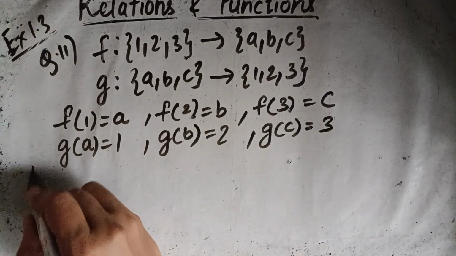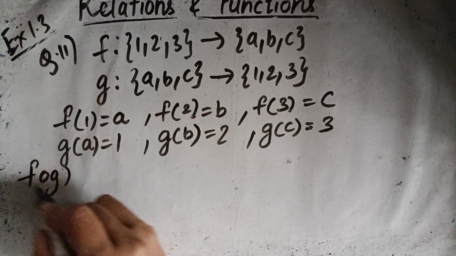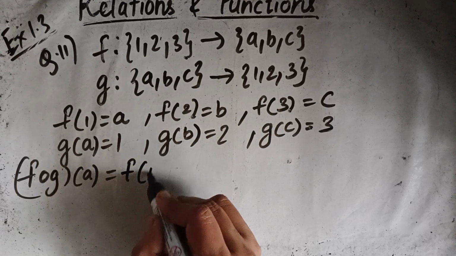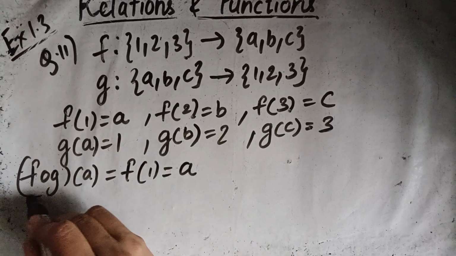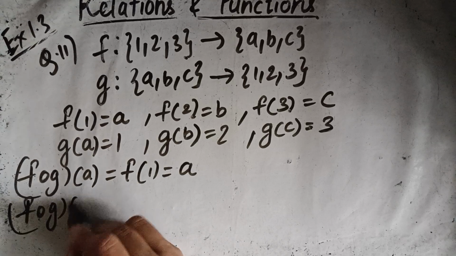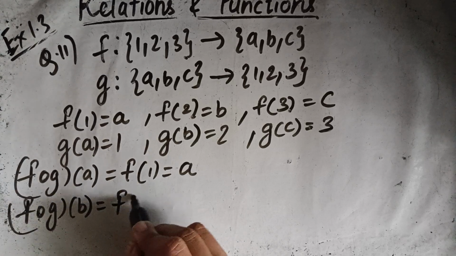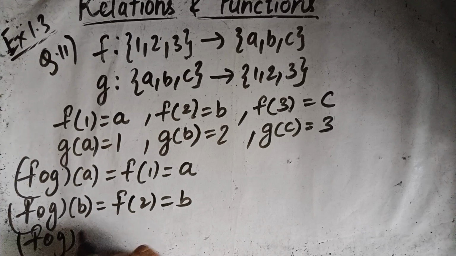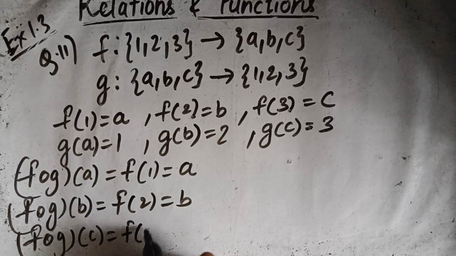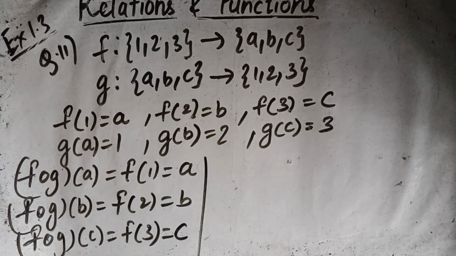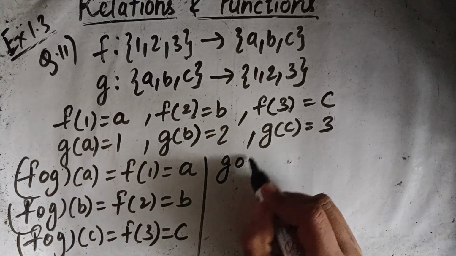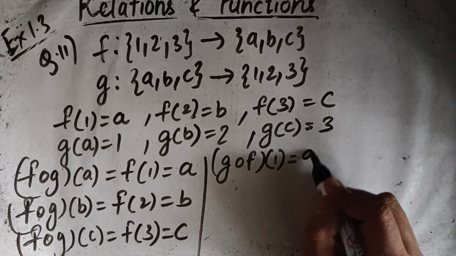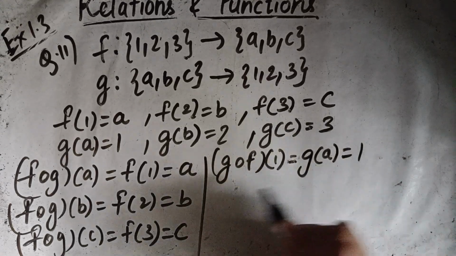Okay, so let's start with F composite G of A. That is F of 1, which is A. Then F composite G of B is F of 2, which is B. And F composite G of C is F of 3, which is C. In the same way, G composite F of 1 is G of A, which is 1.